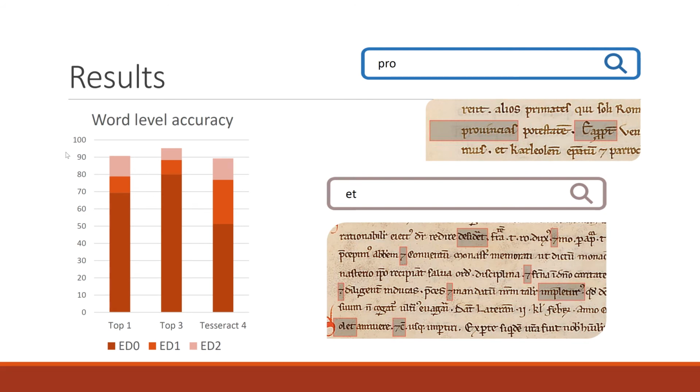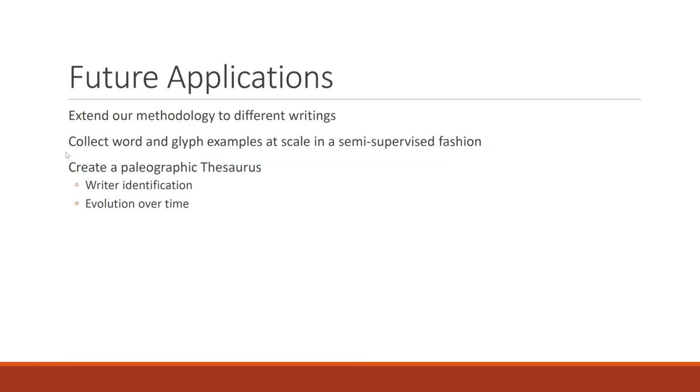So you can do quantitative analysis or collect more specimens in order to create a thesauri of symbols and words. So for future applications, we're planning to extend the same pipeline to different writings. The only constraint is that you need to have a digital image. And then this could be a start for the collection of paleographic thesauri.